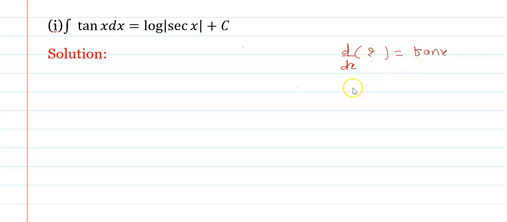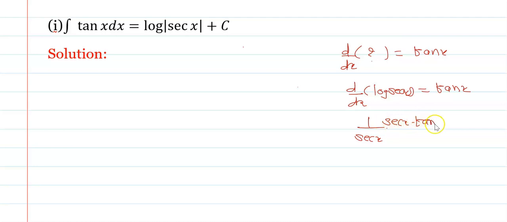Yes, from the integral. Now I will say that d/dx of log of sec x is tan x. How is it? What is the derivative of log of sec x? It is 1 upon sec x into the derivative of sec x, which is sec x into tan x, and this sec x is cancelled.